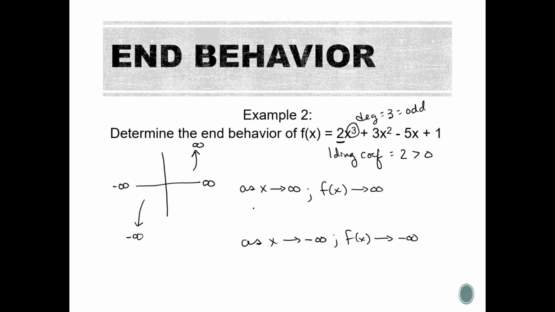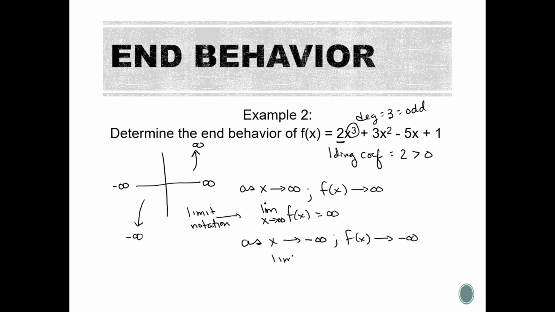So this is just using arrow notation, but this is how we would describe what the graph is doing. Now, the other way to describe it is called limit notation. We're going to say the limit of the function as x goes to infinity will equal infinity.